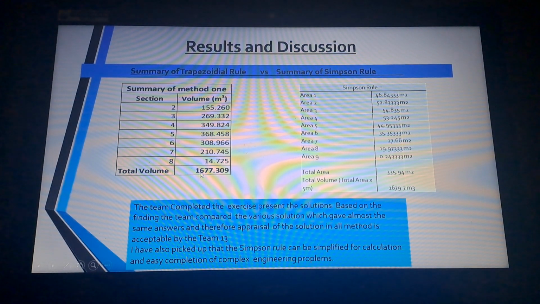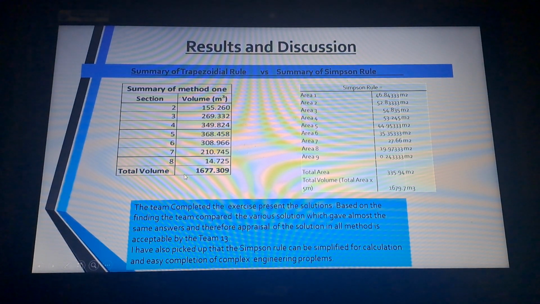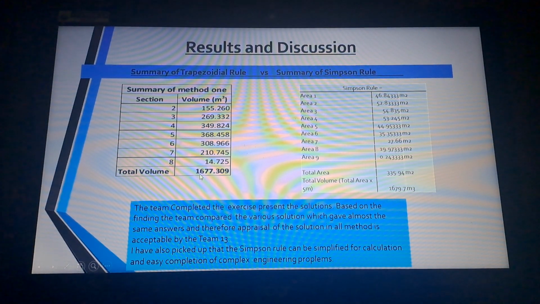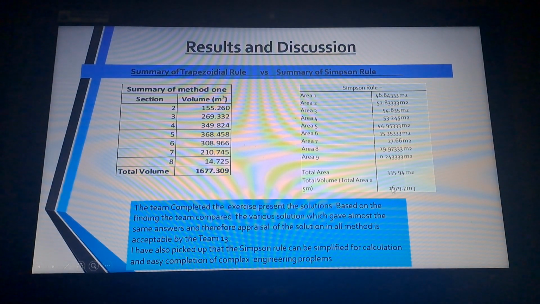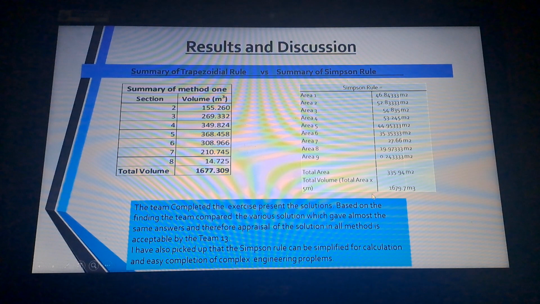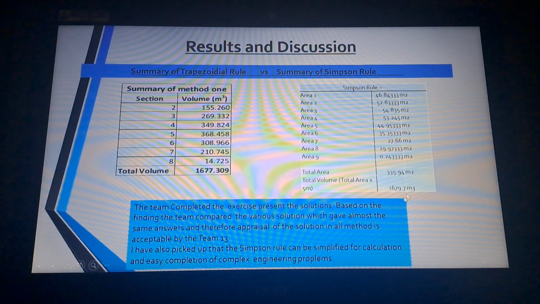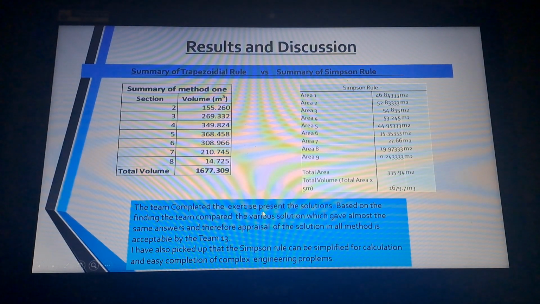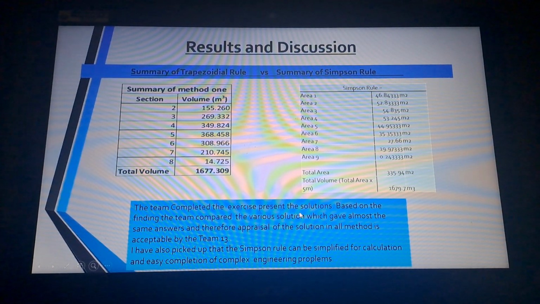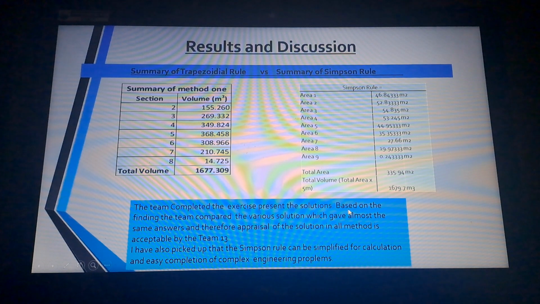In comparison of the two results, it is noticed that in the trapezoidal rule we have achieved the volume of 1,677 cubic meters, and under the Simpson rule, we managed to get 1,679 cubic meters. The team completed the exercise and presented the solutions.